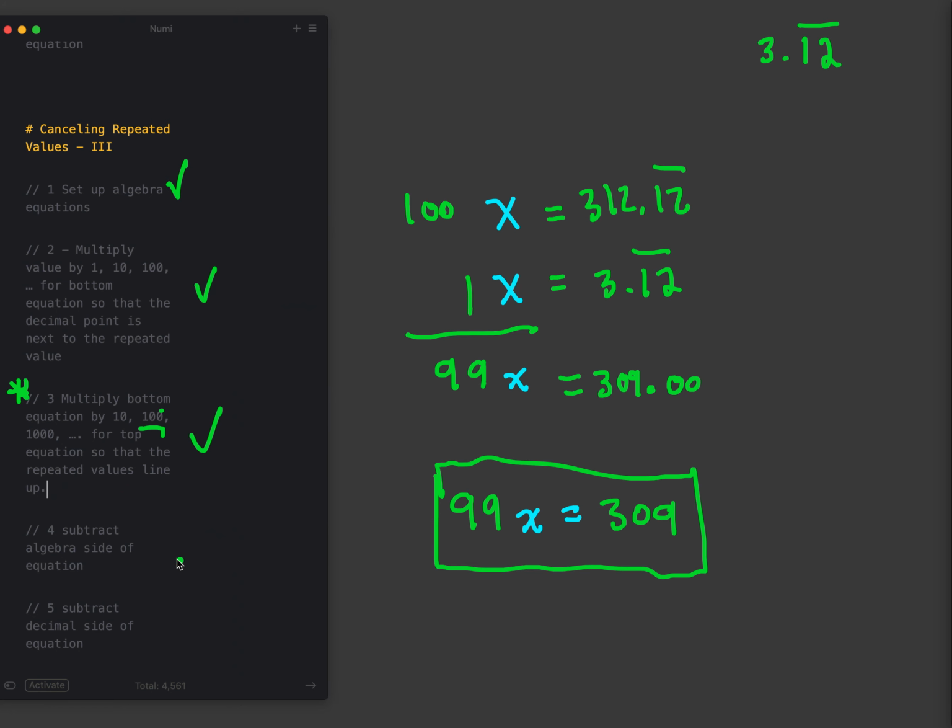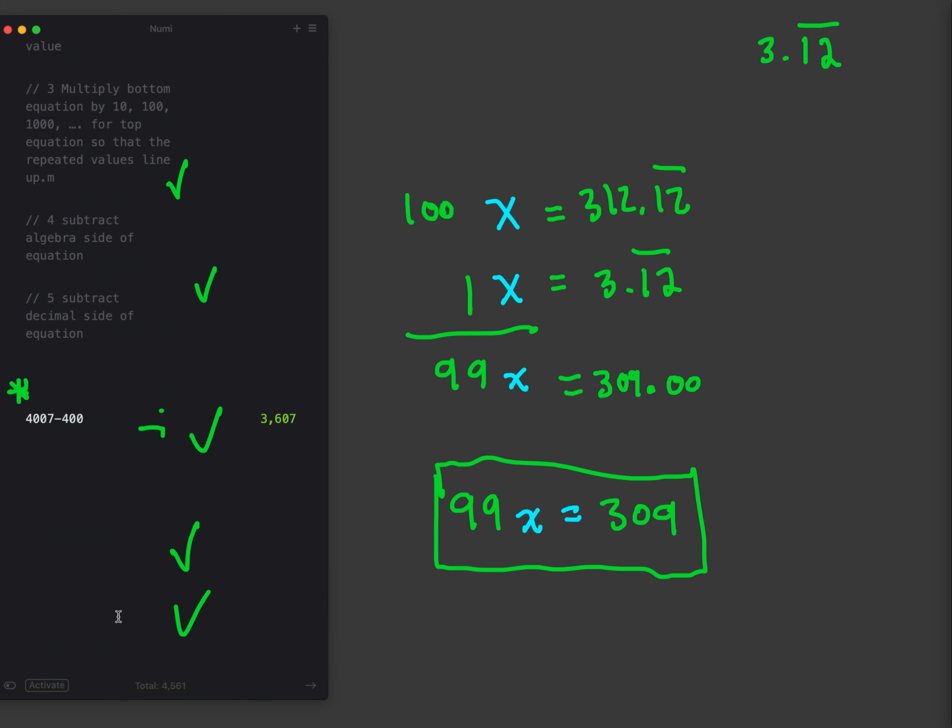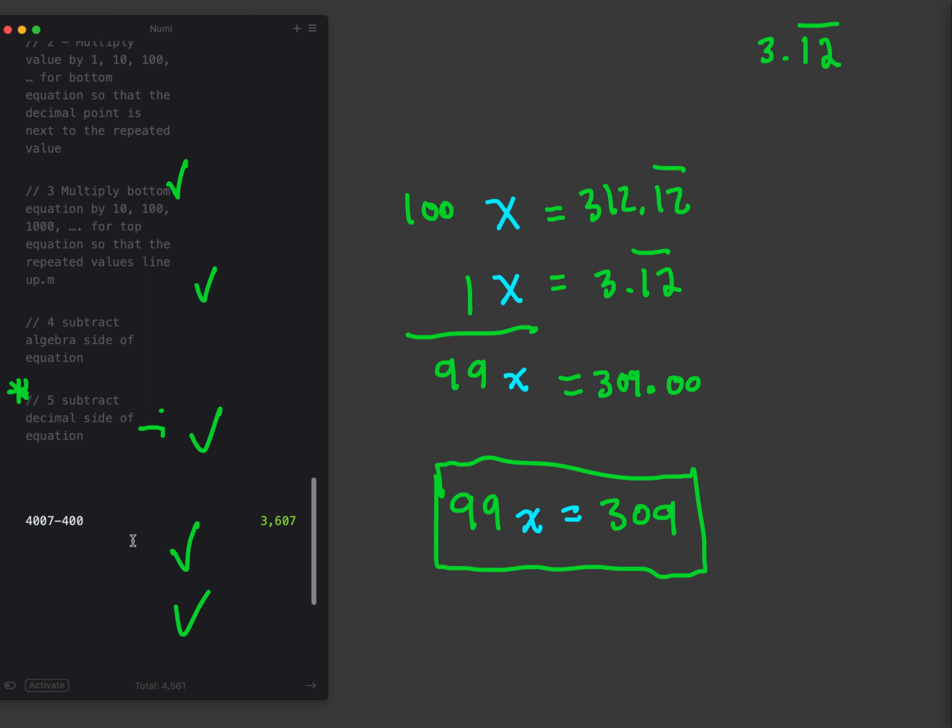So this is a very complex example. There's actually only one more step we need to do to get fractions, but I'll leave that for later. Actually, we'll do that right now. So after step 5, step 6 is going to be divide the decimal side of the equation by the value on the algebra side of the equation.